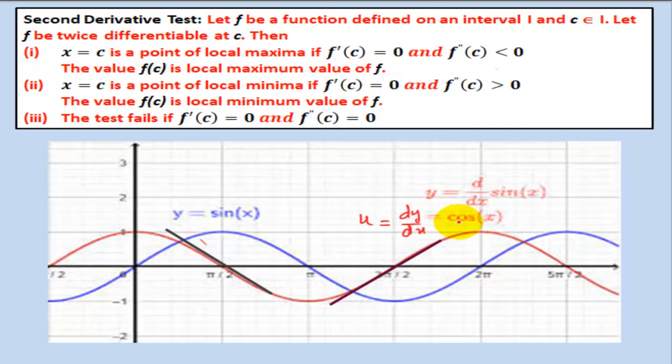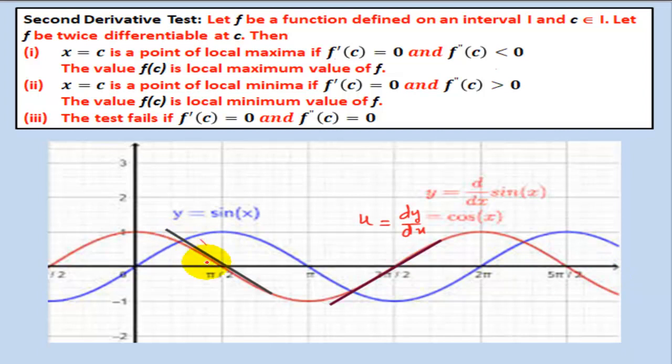That means cos x is equal to 0. Now, once we put cos x is equal to 0, we get the corresponding values of x for which it is becoming 0. But from the graph, we can easily see what are the angles x for which cos x becomes 0. So you will find pi by 2 is one value, minus pi by 2, 3 pi by 2, 5 pi by 2, and so on.